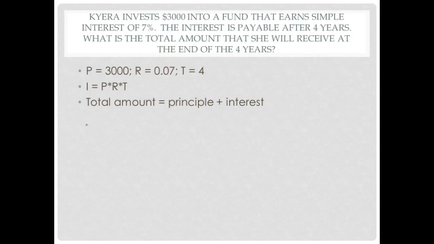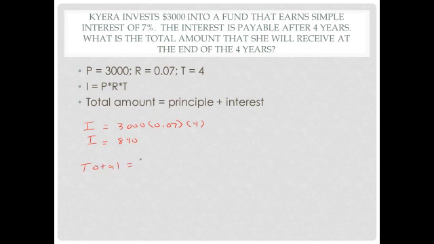So let's calculate the interest first. So we have interest equals 3,000 times 0.07 times the time of 4 years. And that gives us a total of $840 when we multiply those three out. But again, the question asks us for the total amount that she will have after the 4 years.